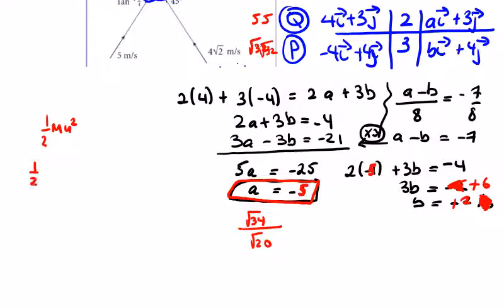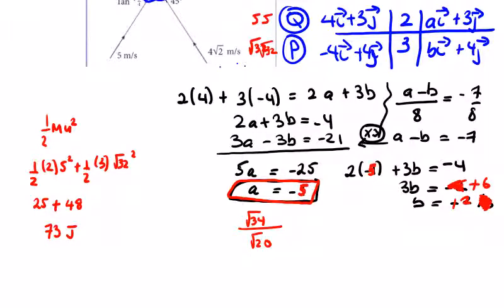So I have a half by 2 by 5 squared, plus a half by 3 by root 32 squared. It's going to give me 25 plus 1.5 times 32, which is going to be 48. It's going to give 73 joules before.